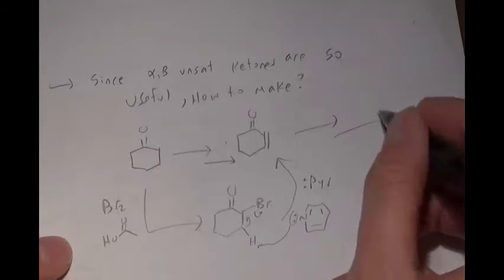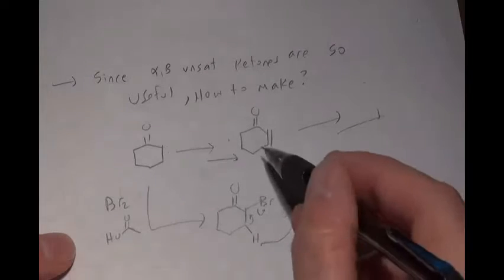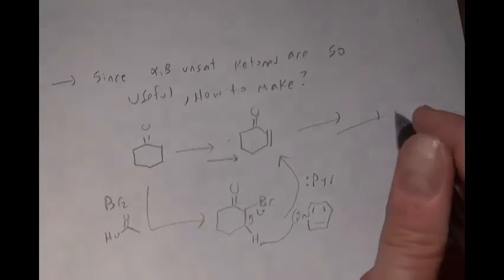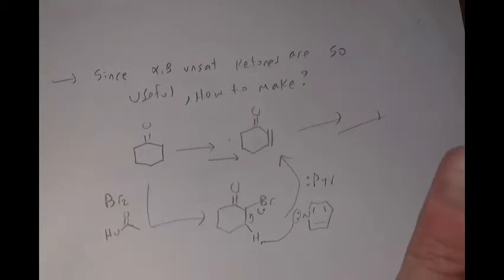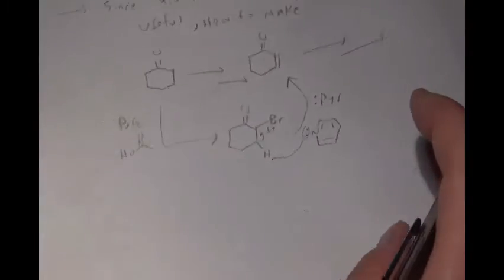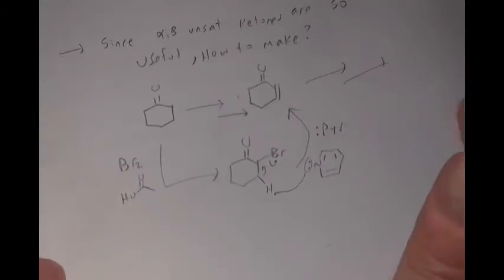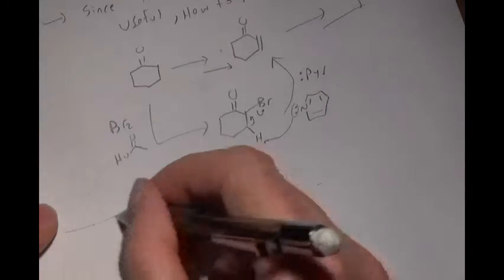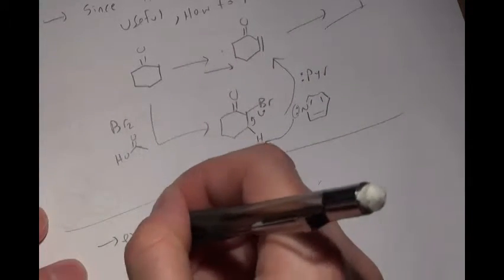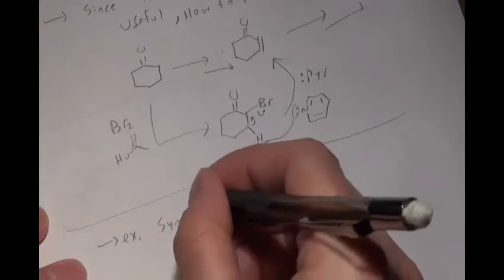So now we know all these cool things you can do with this, like what? Like a cuprate. You add cuprates to those things, right? Okay. So let's make a synthesis problem now, using this and some of our new stuff. Example, synthesis.